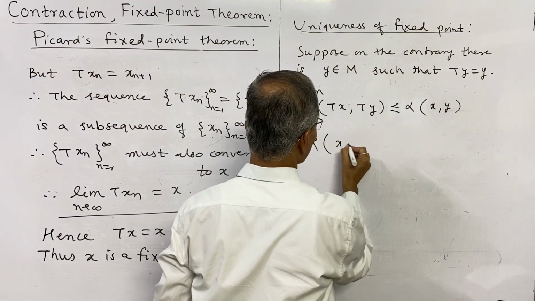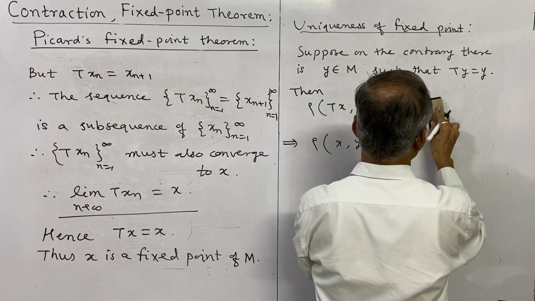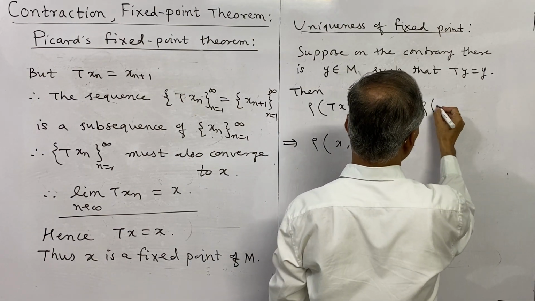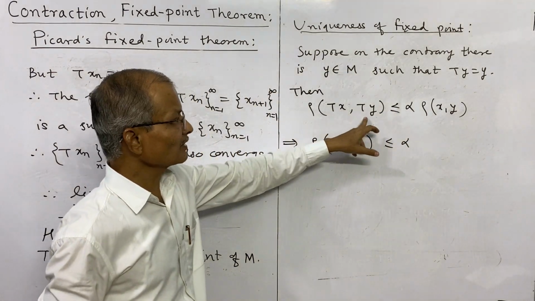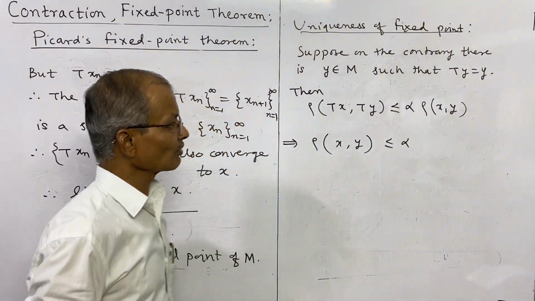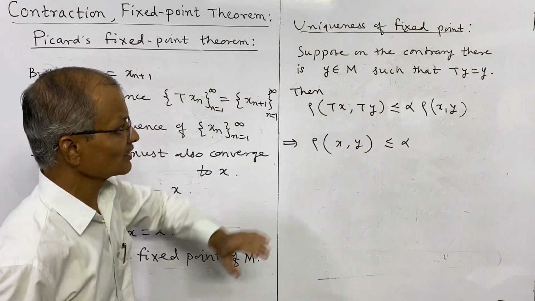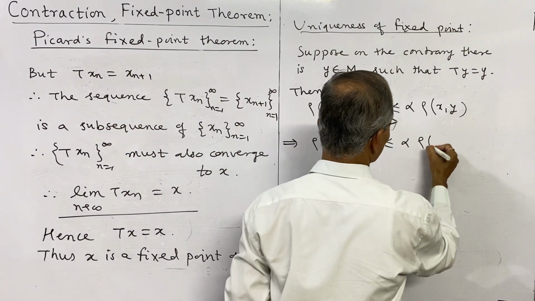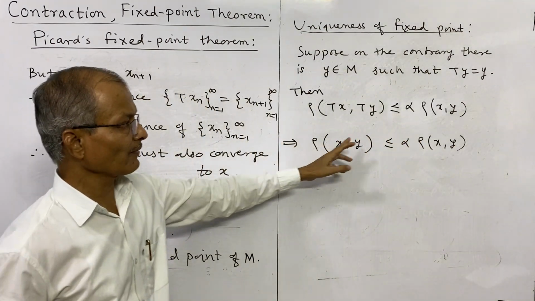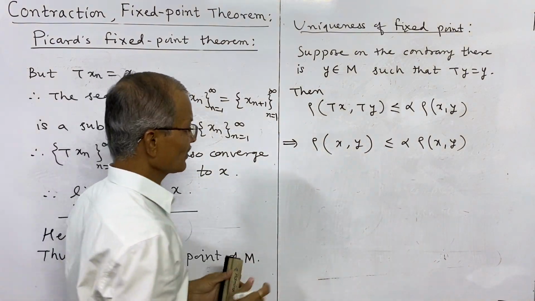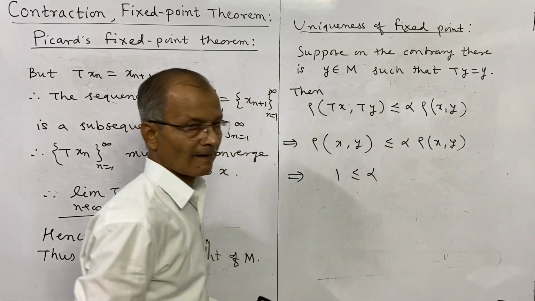This implies rho of x and y is less than or equal to alpha times rho of x and y. This is the definition of contraction. T is a contraction, rho of Tx and Ty is less than or equal to alpha times rho of xy. And Tx is x, Ty is y, left side is this one and right side is the same. So what this implies, dividing out by rho of xy, 1 is less than or equal to alpha.